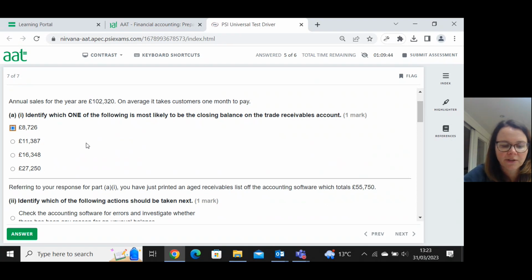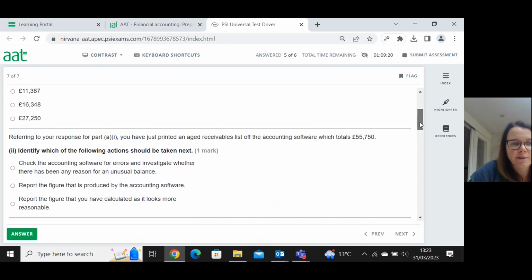So I'm just wondering if I add VAT. I've added VAT to the annual sales and I get 122,784 and divide that by 12. No, they don't want us to do that. So let's just stick with 102,320, divide it by 12 and then go for the closest one.